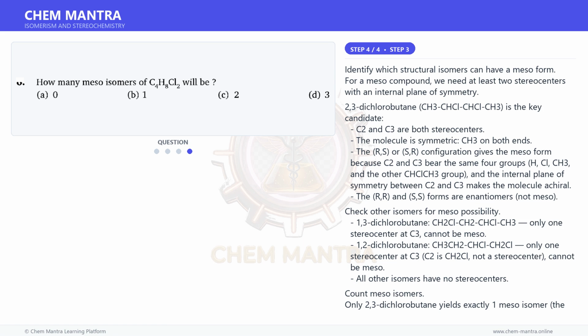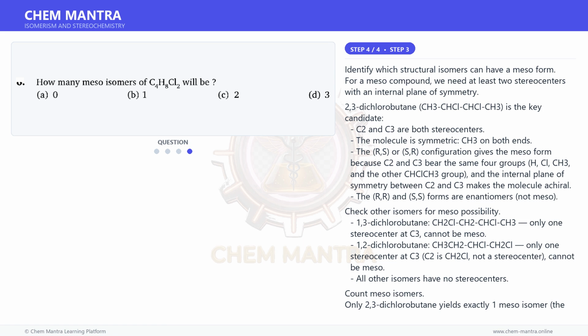The molecule is symmetric, CH3 on both ends. The R,S or S,R configuration gives the meso form because C2 and C3 bear the same 4 groups: H, Cl, CH3, and the other CHCl-CH3 group, and the internal plane of symmetry between C2 and C3 makes the molecule achiral. The R,R and S,S forms are enantiomers, not meso.